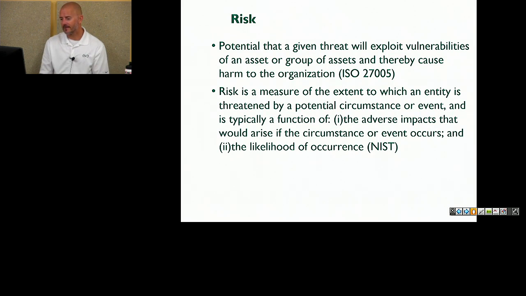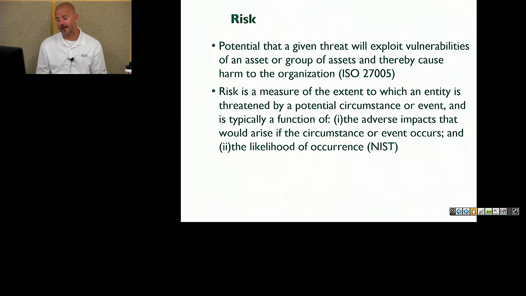That brings us to where I believe we left off, which is the risk. So the potential that a given threat will exploit the vulnerabilities of an asset or a group of assets and thereby cause harm to the organization. Now, from the NIST definition, it's a little different, but generally the same. Risk is a measure of the extent to which an entity is threatened by a potential circumstance or event, meaning the threat, and is a typical function of, number one, the adverse impacts, again, the magnitude of harm, that would arise if the circumstances or the events, the threats, occur, and the likelihood of that occurrence.